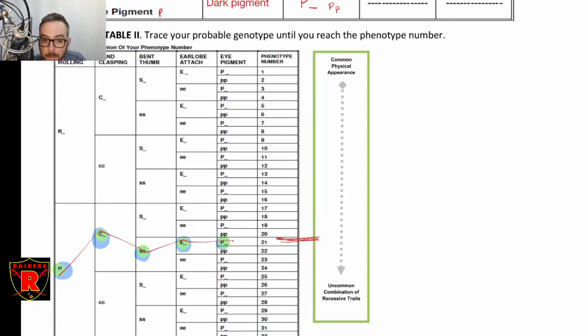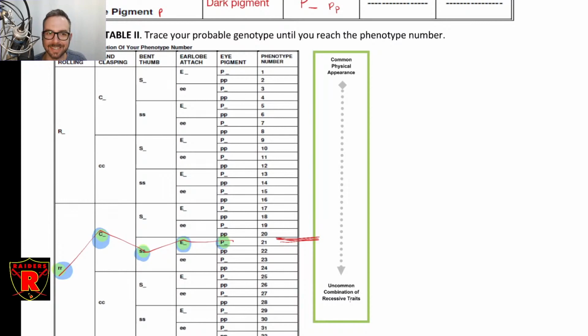Now, generally, the numbers from 1 to 16 are much more common than the numbers from 17 to 32. Let's see if that holds true in here. I think it already does hold true. Cool. I think we lost some people. Or there's people out there that have no idea how to do this.